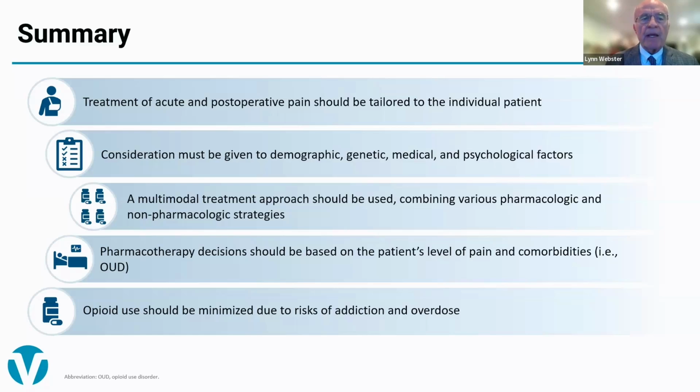Pharmacotherapy decisions should be based on the patient's level of pain and comorbidities, not upon a prescription of a certain limited number of days of treatment, or whether or not they have opioid use disorder or not. And the opioid use should be minimized due to the risk of potential harm from opioids, which has been well documented in the literature and in the media over the last 2 decades.